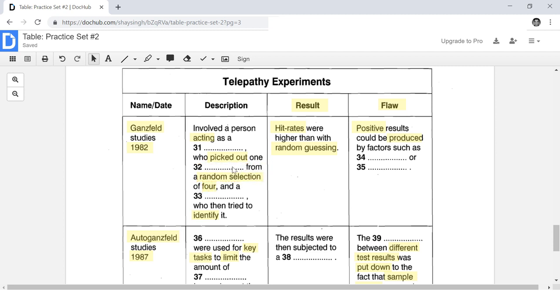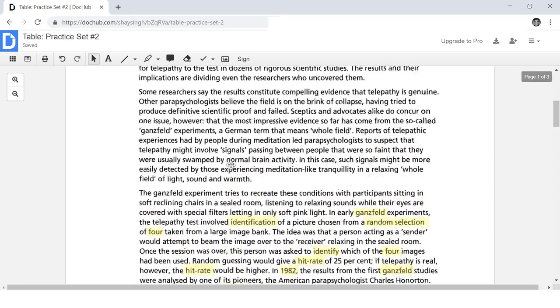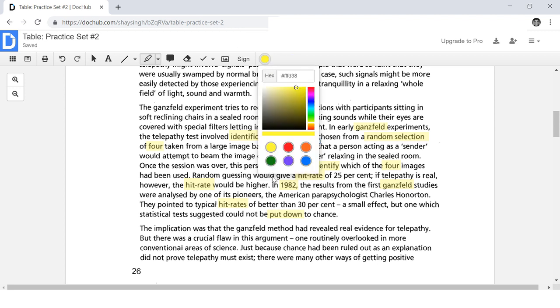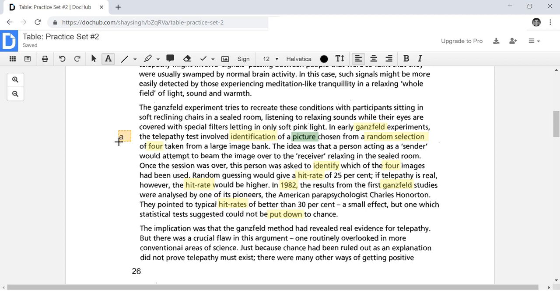Do you remember what the answer was? Picked out what from a random selection of 4? The correct answer is pictures. It says the test involved identification of a picture chosen from a random selection of 4. So that's going to be one of our answers, the word picture. I believe that was the answer to question number 32. So I'm going to write 32 right there.